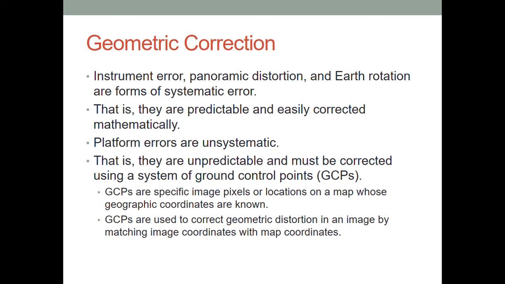Then after you fly, you have to re-register the image. Although the image might have GPS, you have to make sure that the position, the location, the coordinates of your ground control points in the image tally with the ones you captured on the ground.